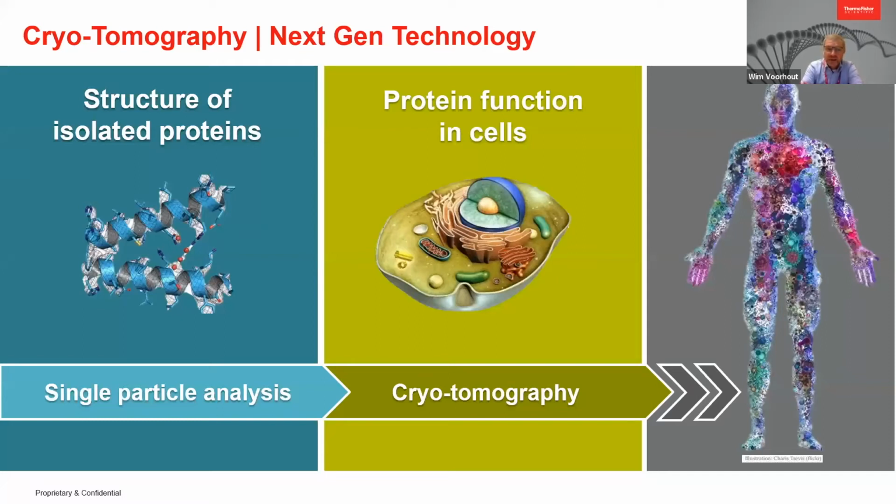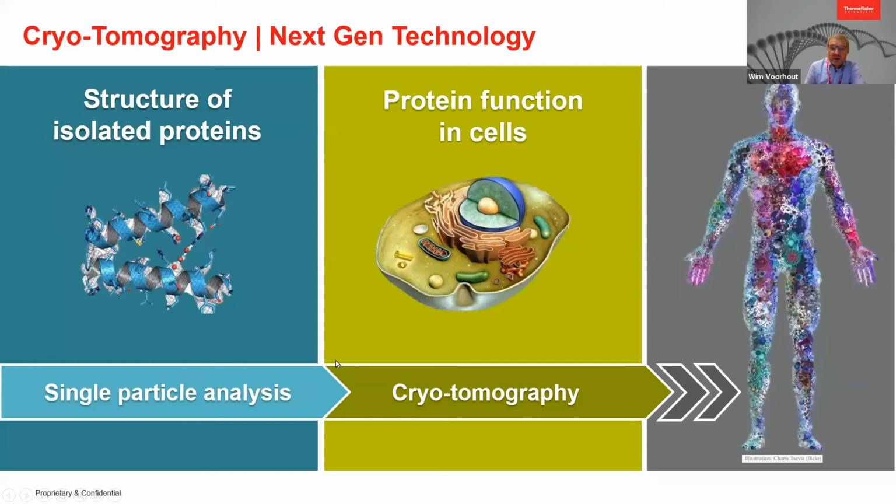And that's where cryo-electron tomography comes in view, because there you can look at these proteins in their natural environment. So we believe that the next technology push and the next revolution in cryo-electron microscopy will be in the field of cryotomography.